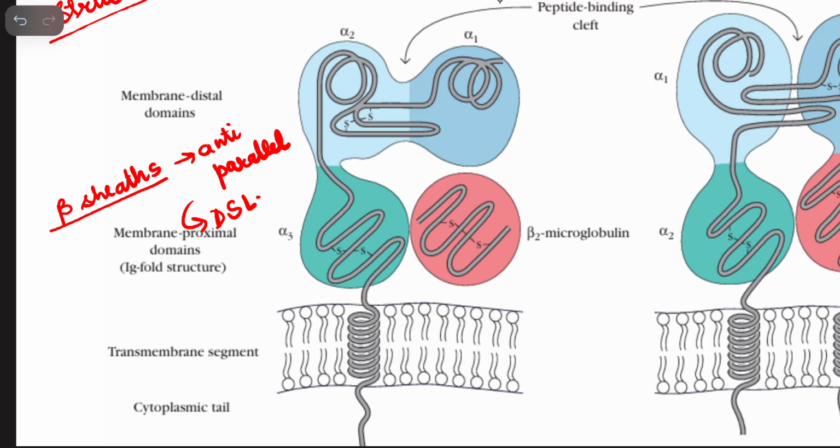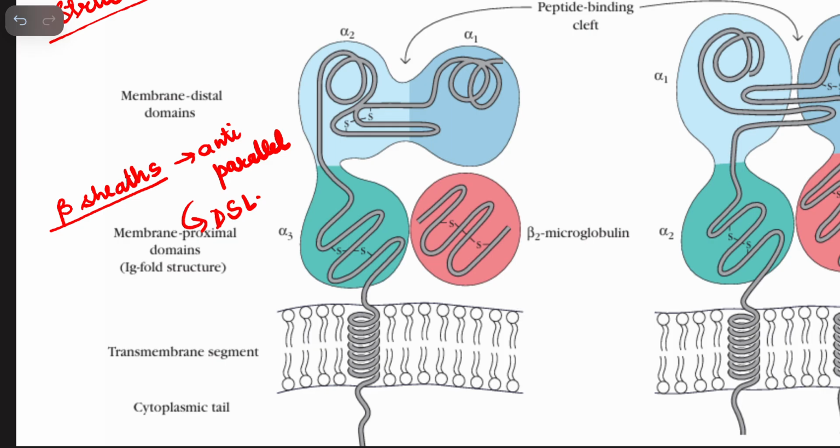The structure of immunoglobulins also typically consists of anti-parallel beta sheets linked together by disulfide linkages. Because the alpha 3 and beta 2 membrane proximal domains have a very similar structure to immunoglobulins, we say that the Ig fold structure is found in these subunits.